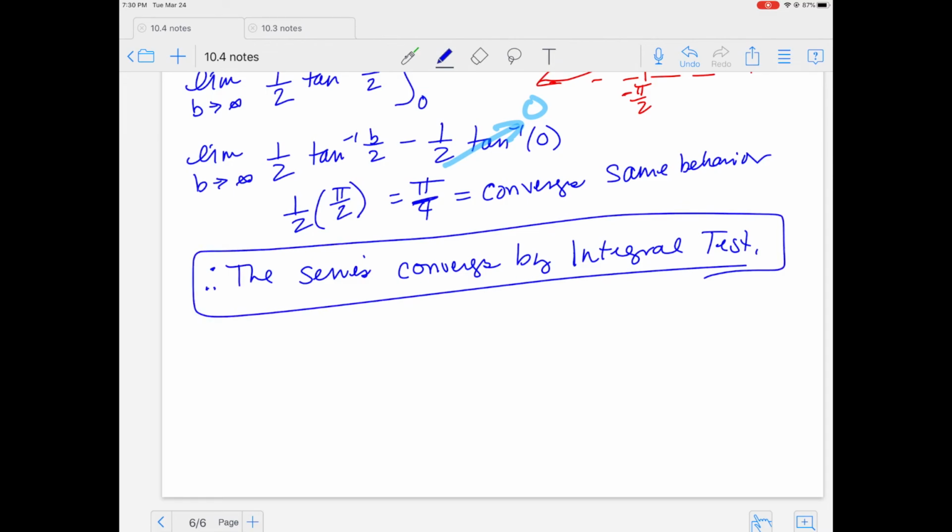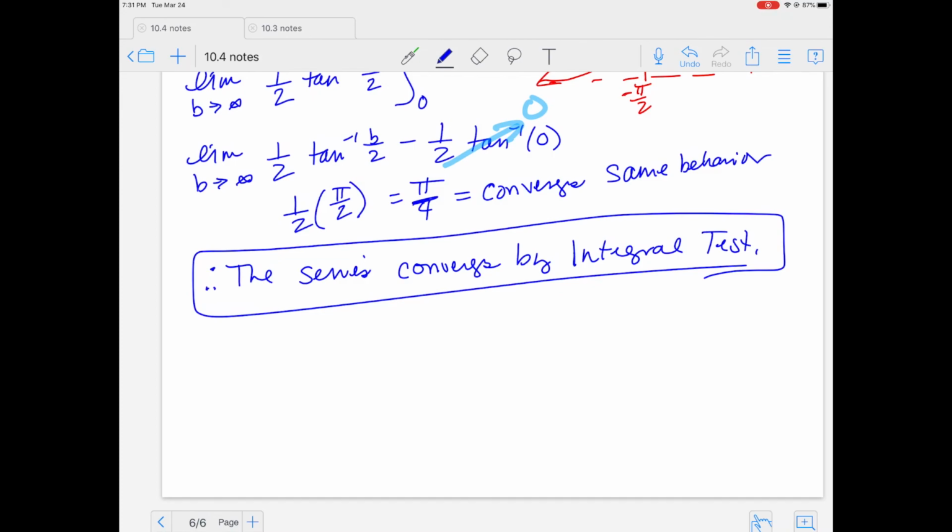All right, so I want to be very clear. All that pi over 4 does is tell us that it converges. Your integral test simply says same behavior. All right, so we've covered 3. The divergence test is your go-to method with that limit not equaling 0. The p series, you have to have the setup for that p, 1 over k to the p. Then you look at your value of p.